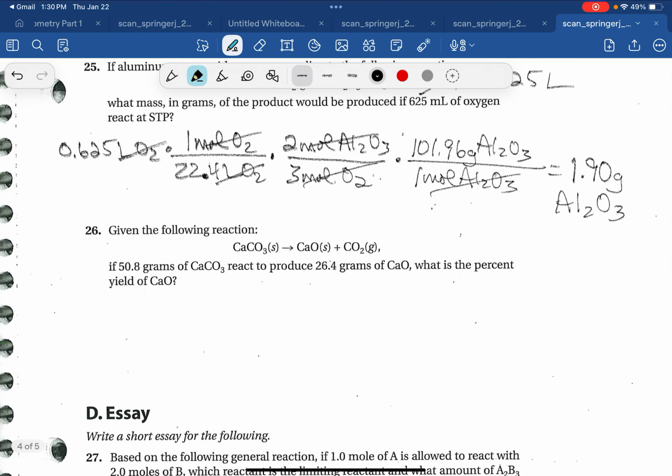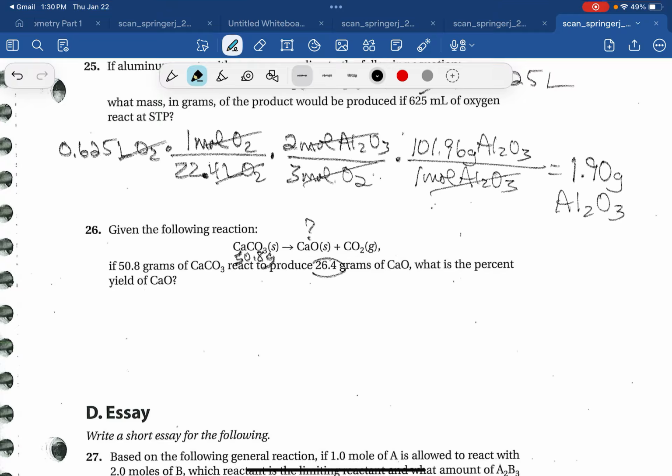Number 26, if 50.8 grams of calcium carbonate decomposes to produce 26.4 grams of CaO, what is the percent yield? So the 26.4 then is the actual yield.